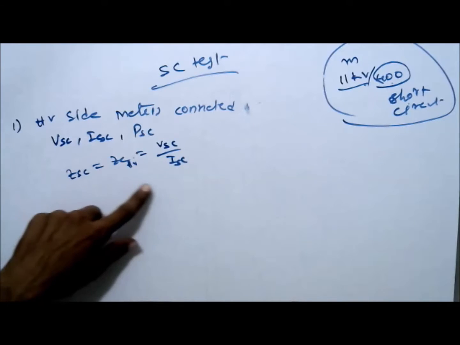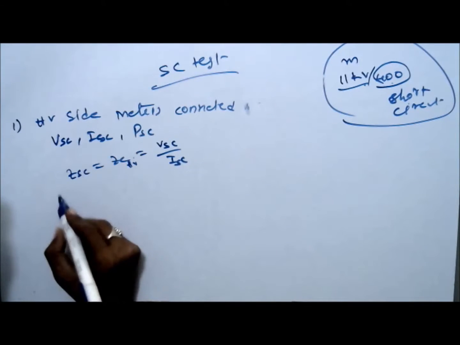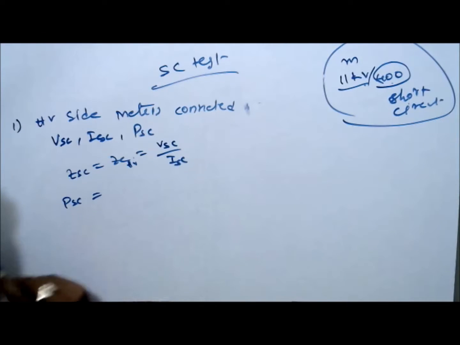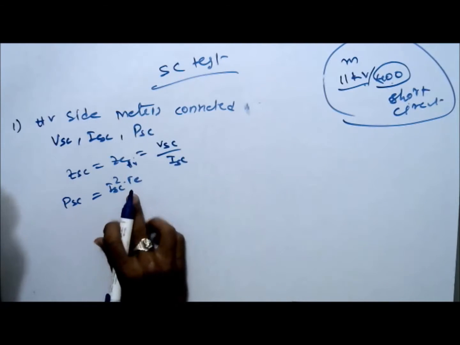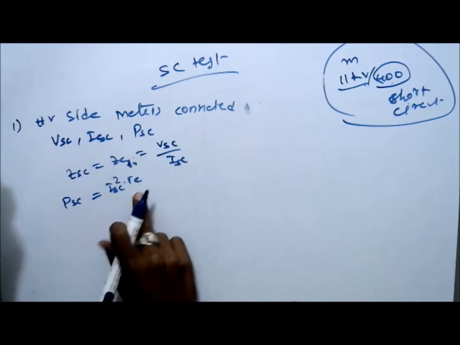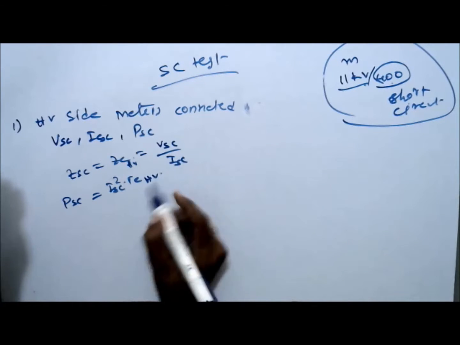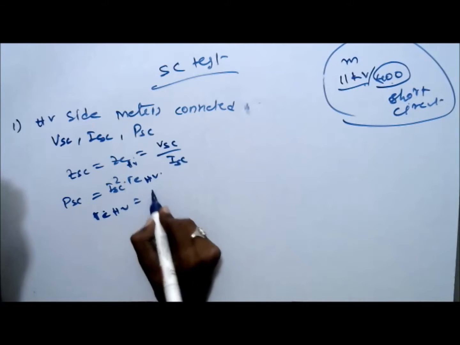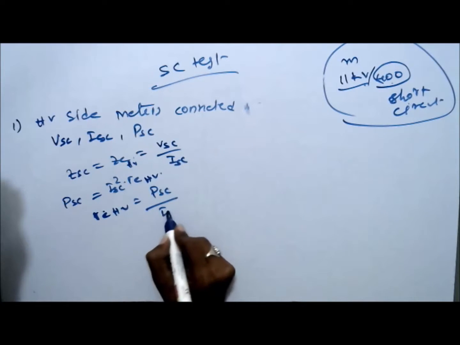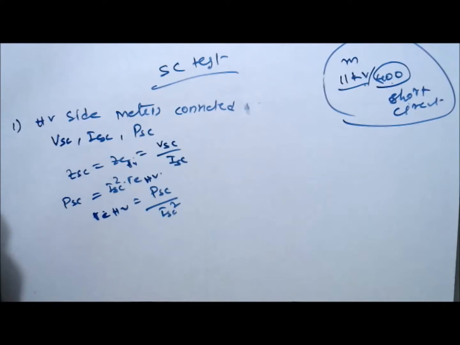Now the power PSC is equal to ISC square into RE. This equivalent resistance is also at the HV side. So RE HV is equal to PSC divided by ISC square. This is all about RE.